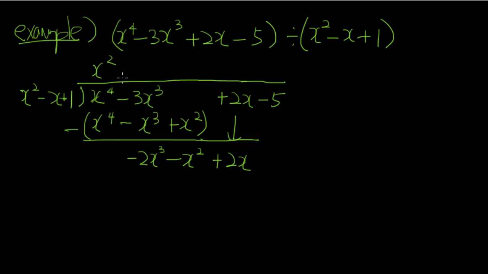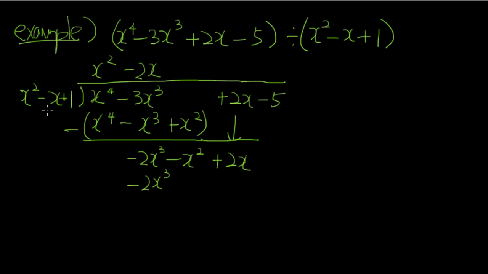All right. I'm going to try to figure out the next term that I'm going to put right here. Multiply to x squared to become negative 2x to the cube. So what would that be? That should be negative 2x. That's right, negative 2x. So negative 2x times x squared becomes negative 2x to the cube.